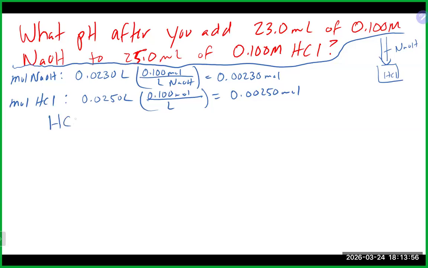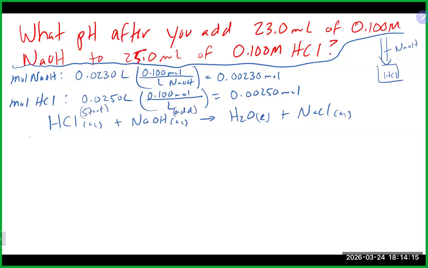We're going to take our HCl, going to react with some sodium hydroxide in this case, again giving us our water and our sodium chloride. Initially, we got 0.0025 moles HCl, 0.0023 moles NaOH, and 0 products.